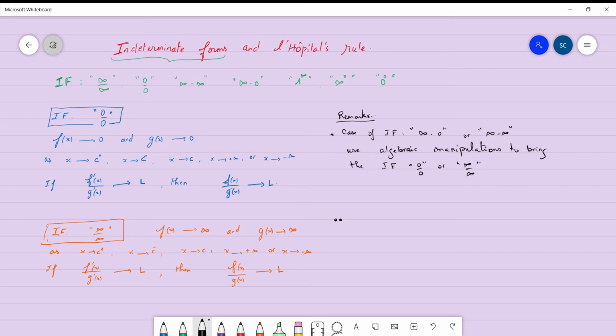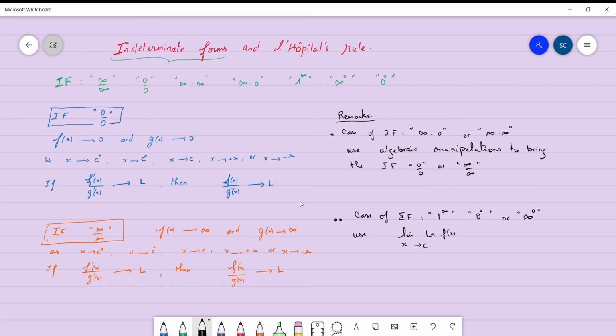In the second situation, if we have indeterminate forms like 1 power infinity, 0 power 0, or infinity power 0, the hint is to take the ln of your function, that is, the ln of f of x as x approaches c, or something like that.